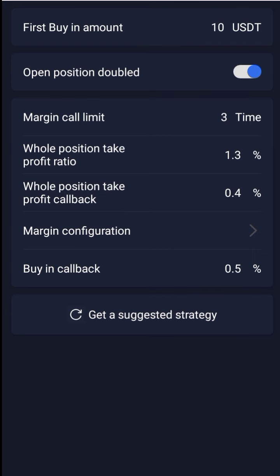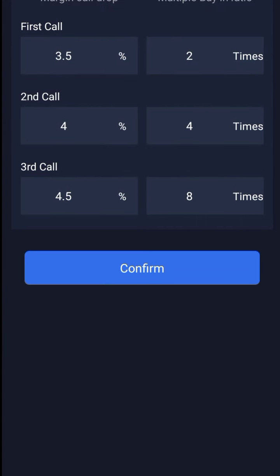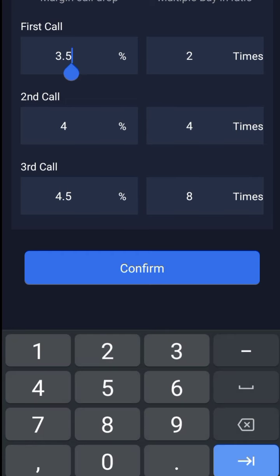So when you open the margin configuration, the first call, that is after you might have bought, when it is going to buy again, how many percent fall should you allow it, and how many times? So if it falls 2%, let it buy 2 times.